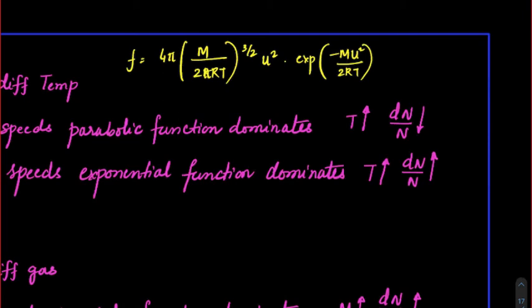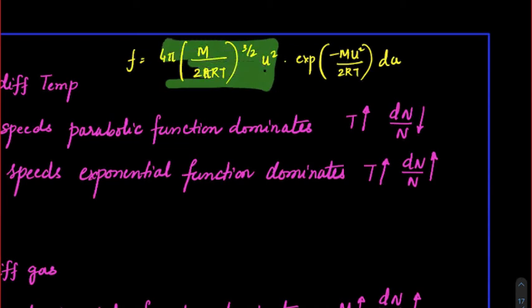This is what we have. Now check this. As I said initially, the parabolic function will dominate. Think this way: this entire thing is like a parabolic function. The other day we put y is equal to ax square. So this is that function, imagine.